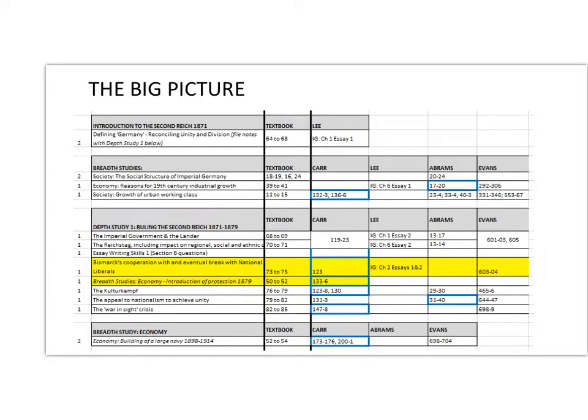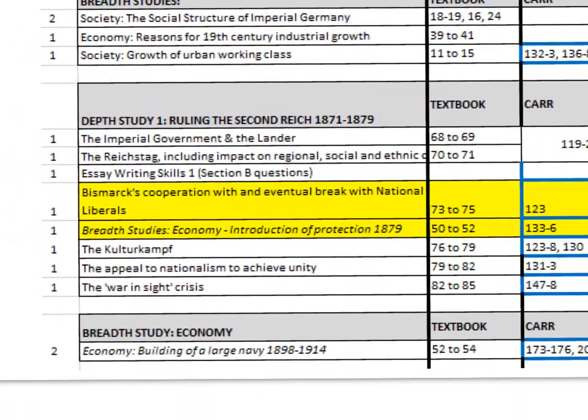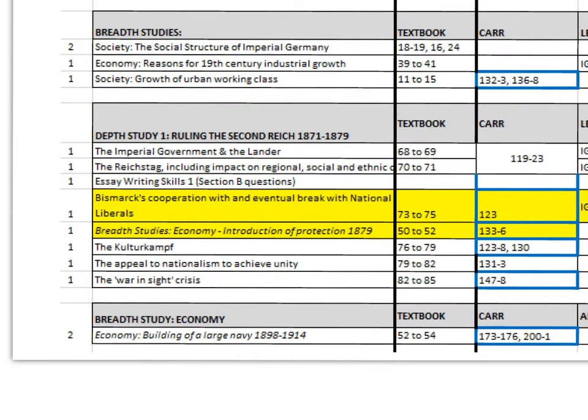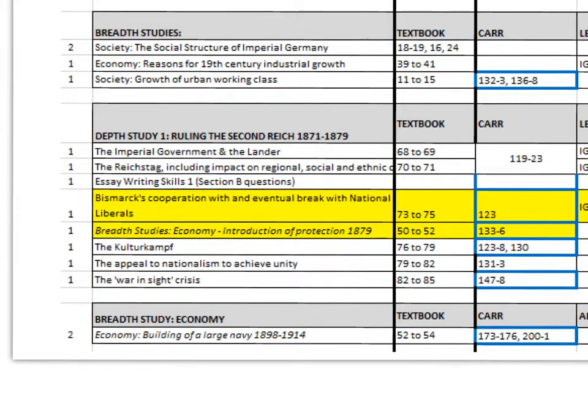Notice though, just zooming in a little bit, that there are the two lessons that this particular topic consists of. Halfway through, when we move into protectionism, that is part of the breadth study economy unit.